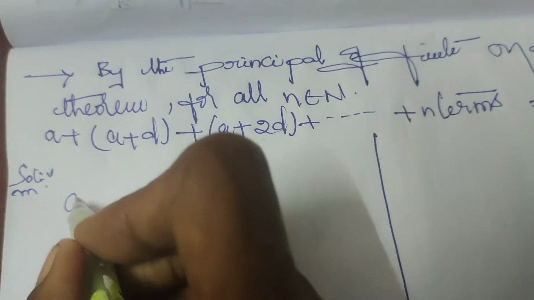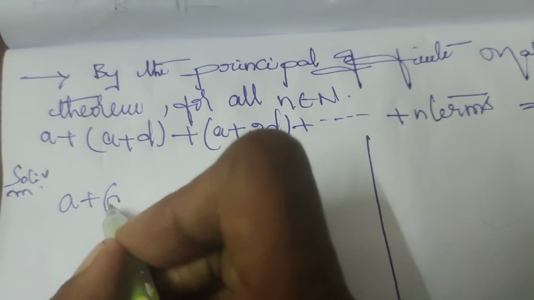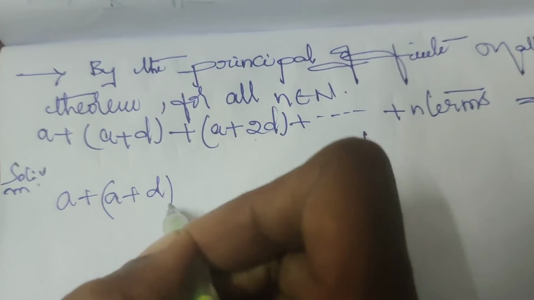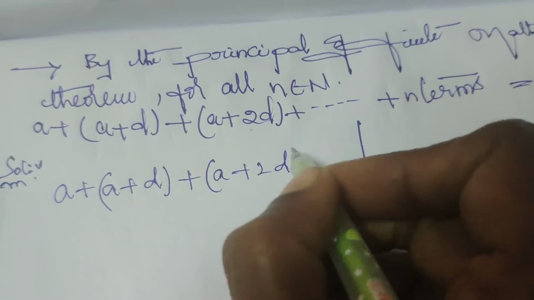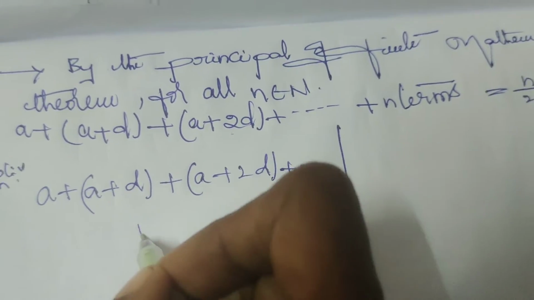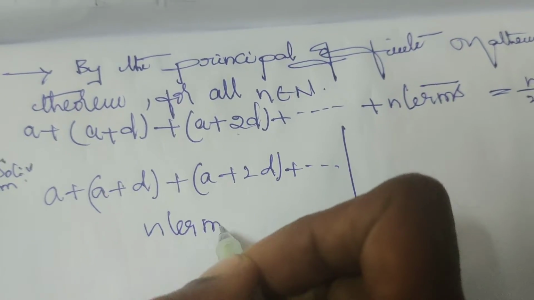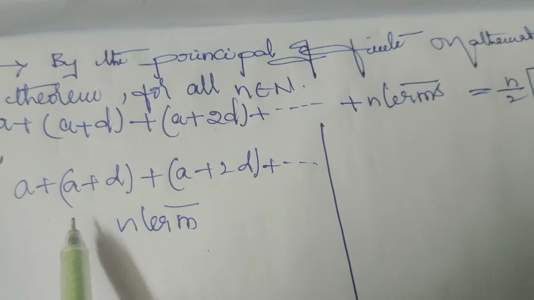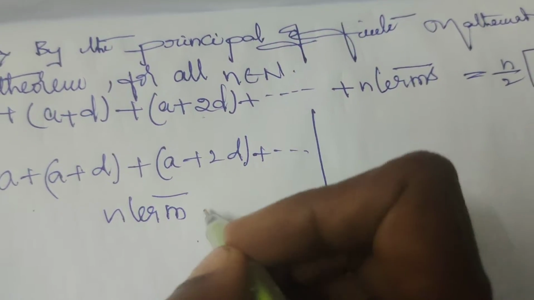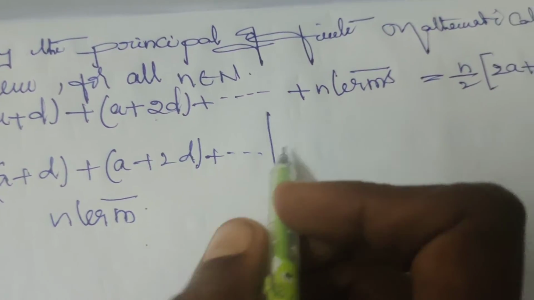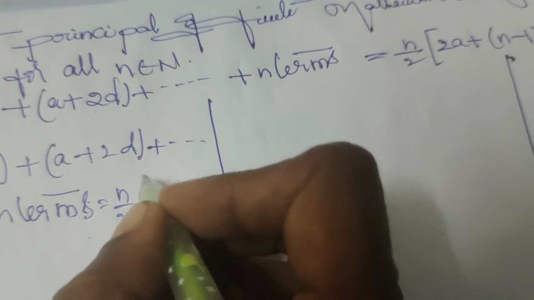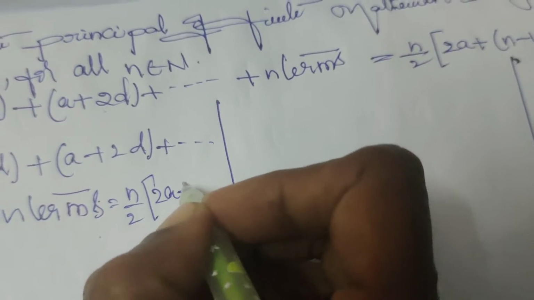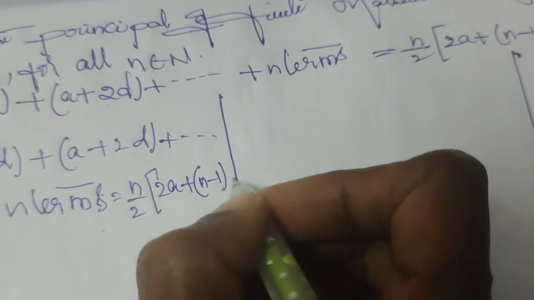The given statement is true for n equals 1 and n equals k. Next, we prove it for n equals k plus 1. The given statement is a plus d plus a plus 2d, and so on, plus n terms, equals n by 2 into 2a plus n minus 1 into d.